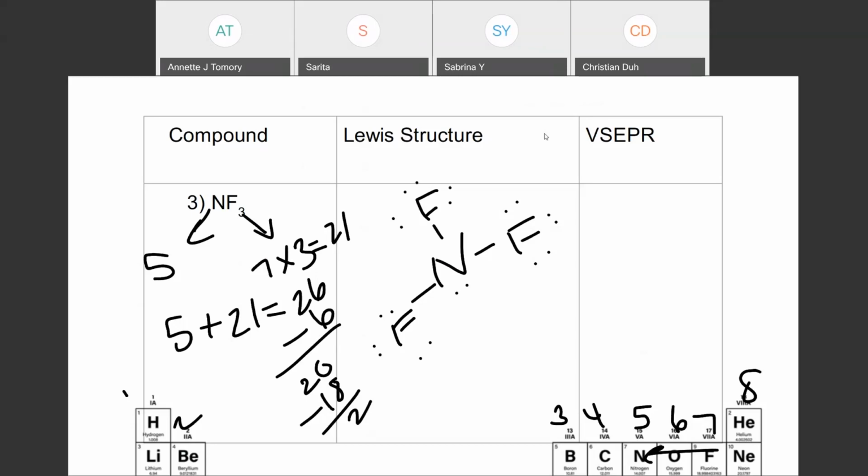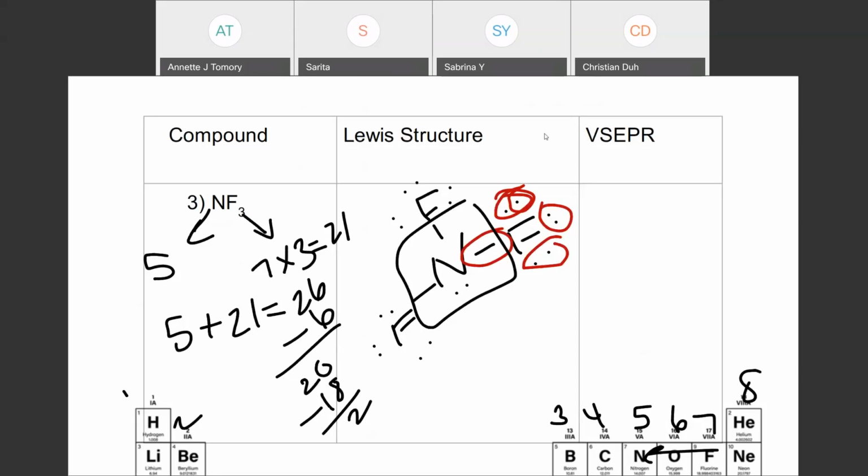The octet is full. So we have 2, 4, 6, and then this bond here is 8. So I have 8 electrons around fluorine, so I can't add any more to it. So instead I put it on the central atom. And now nitrogen actually has a full octet there.